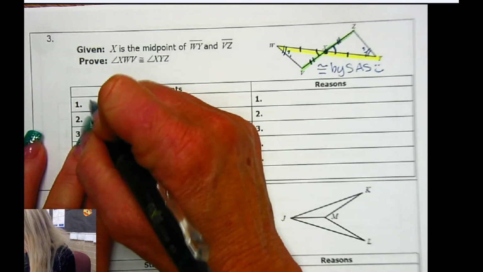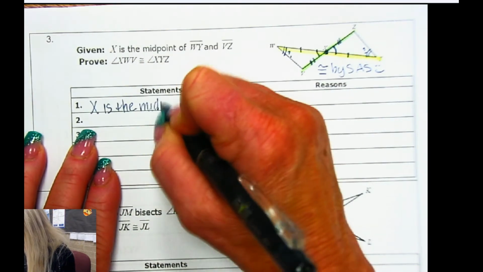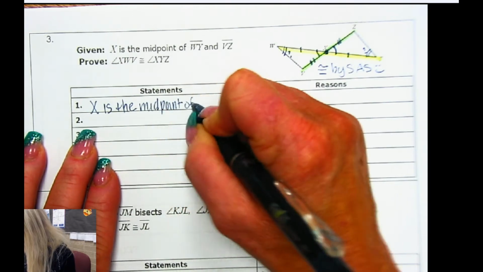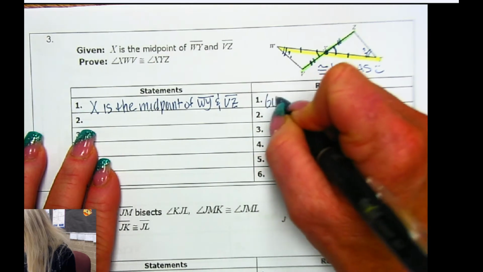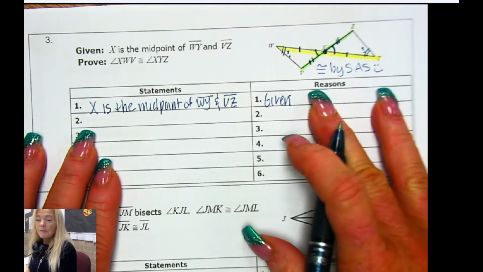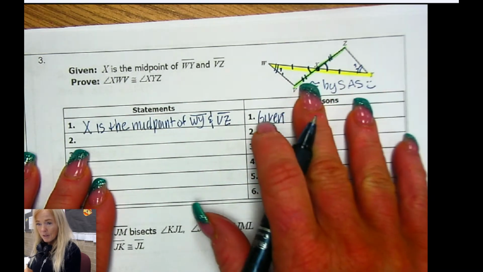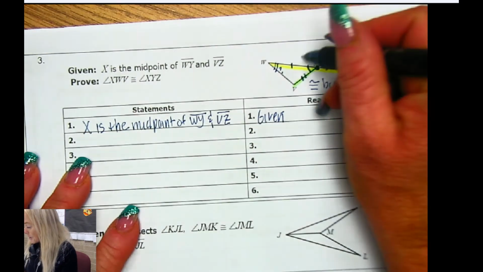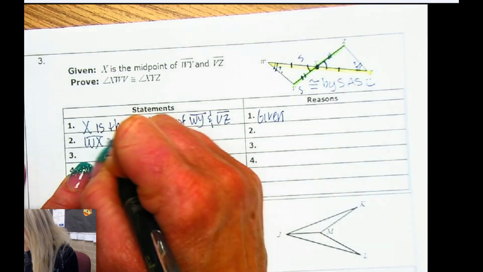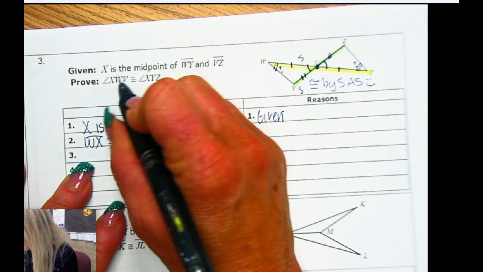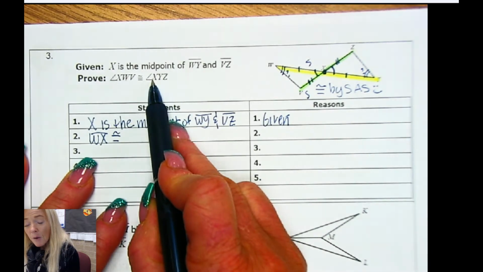So what are we given? That X is the midpoint of WY and VZ, and that's given. Now, what did we get from that information? We got that the yellow sides and the green sides are congruent to each other. So those are going to be our side and our side. So we'll say WX is congruent to, now we had WX in that order, so we need to do YX in that order.